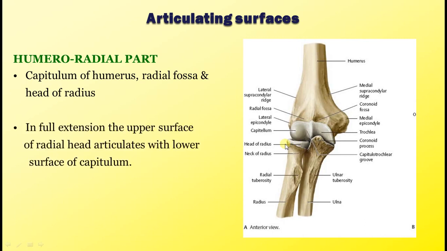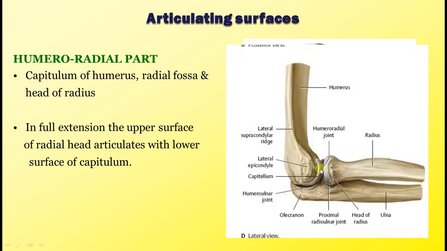Again, during full flexion, the head of the radius will come and articulate with the radial fossa, and in full extension the upper surface of the radial head articulates with the lower surface of the capitulum. In full flexion it may come and rest in the radial fossa.